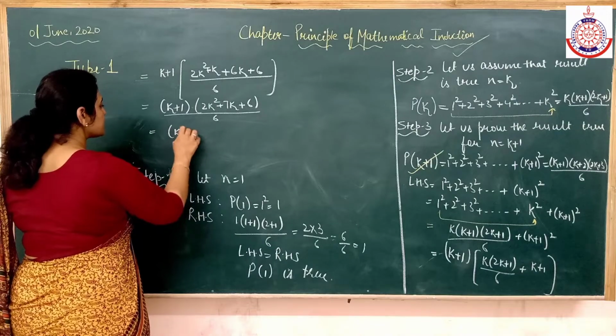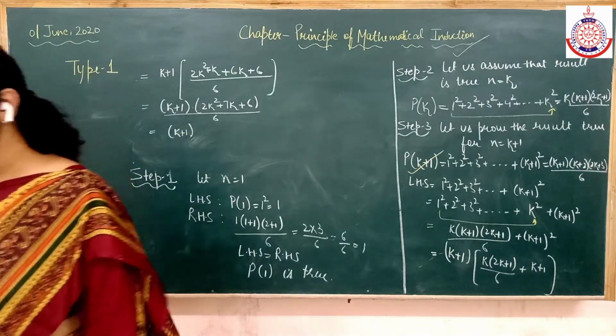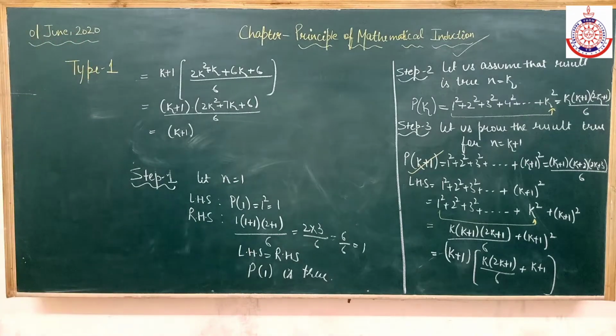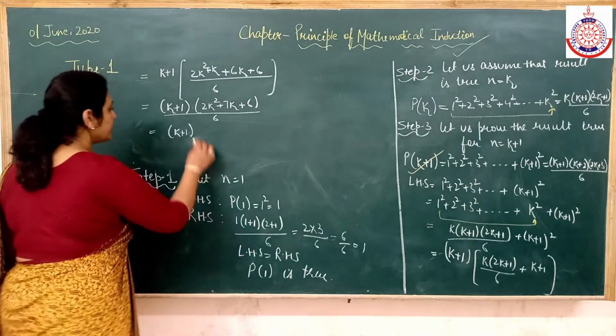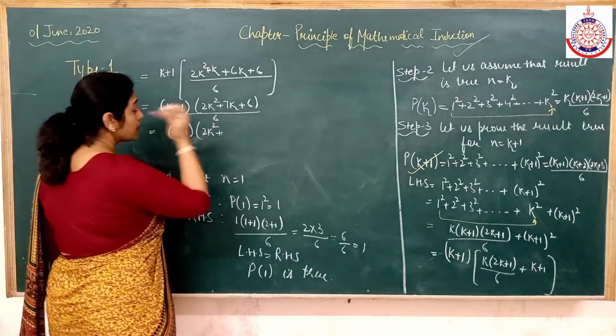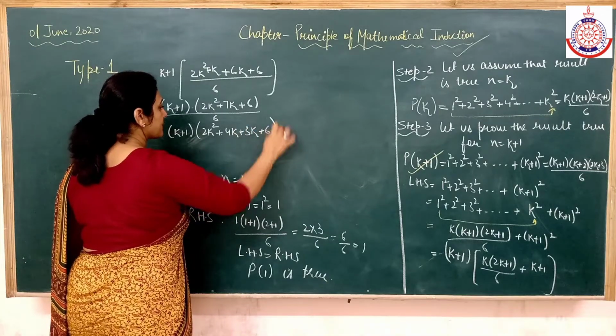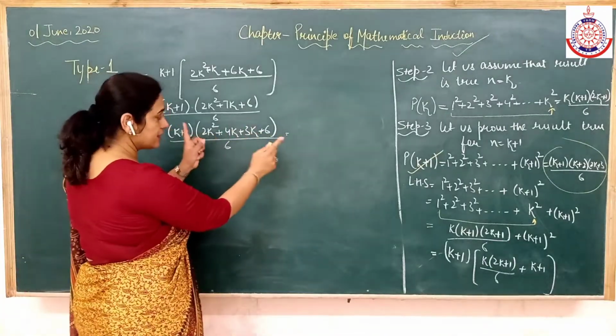We'll make the factors. You all know the factorization, the middle term splitting, that you can easily make the factors of it. And the factors of it is going to be, we have already split the middle term.